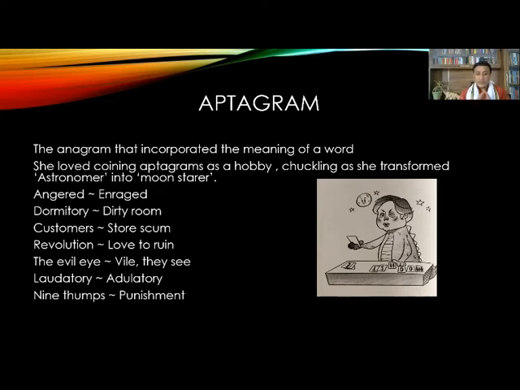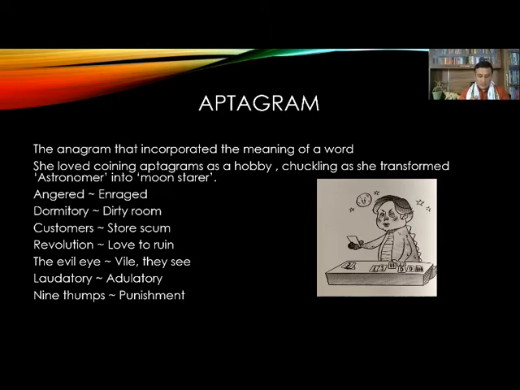So there is no extra letter taken from outside. If we count the letters in astronomer, there is one A, S, T, R, O, N, O, M, E, R. There are 10 letters.